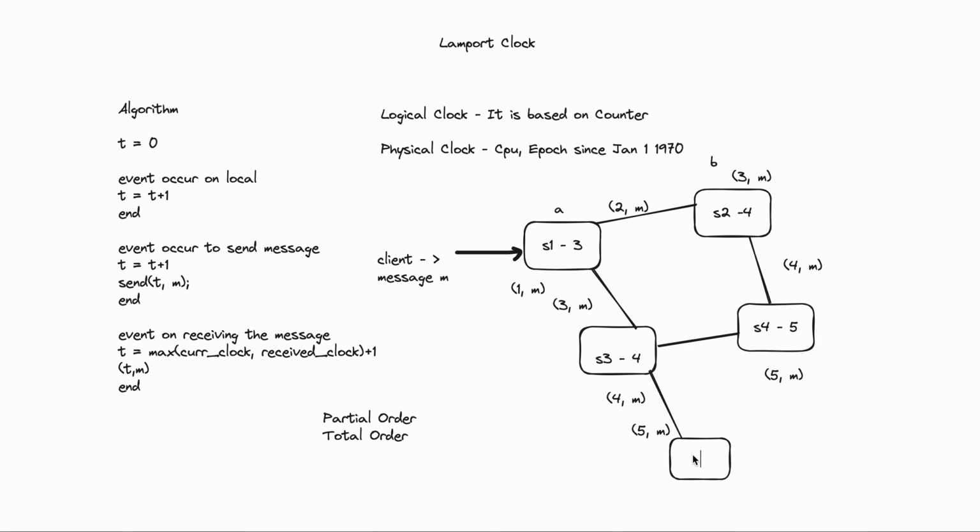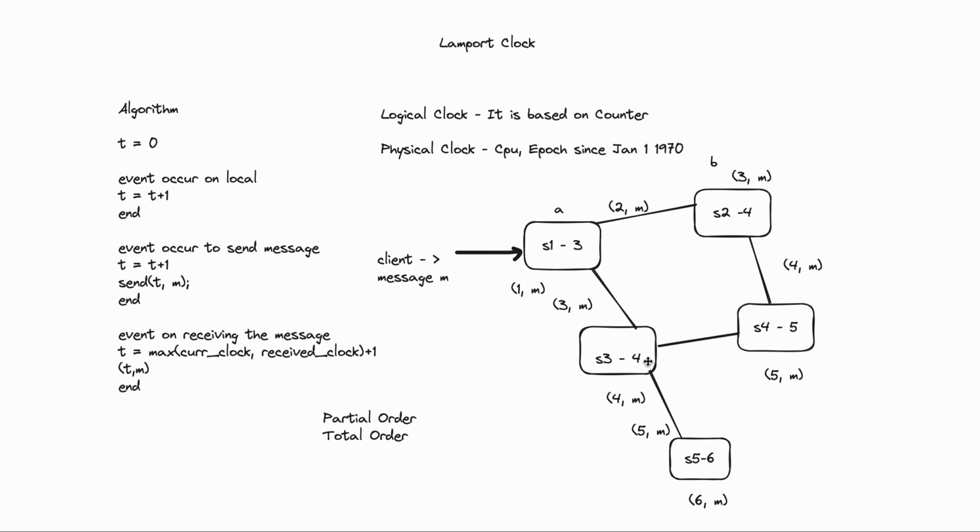On receiving, it will be 6 comma m. So we have multiple nodes that are connected, sending messages from one node to other nodes. Upon receiving a message or any local event, a node increments its counter. On sending and receiving a message, it increments the counter and persists this with the message.